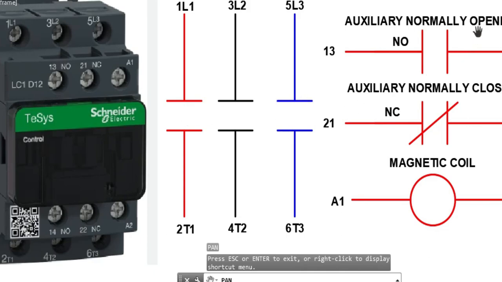As well as the auxiliary contact, normally open, when the magnetic coil is energized, the contacts are reversed: this open one will be closed, and this closed one will be open. So that is the function of the magnetic contactor, and this is the schematic diagram of the internal parts of the magnetic contactor.